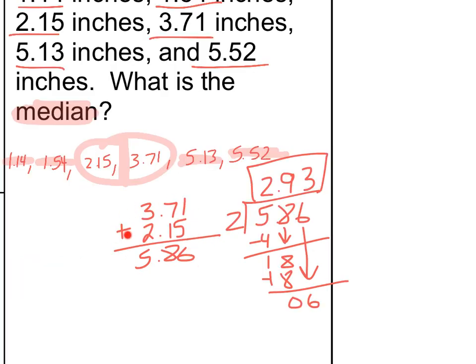So here I added them together, and I got 5 and 86 hundredths, or 5.86. And then I'm just going to take the 5.86, which is the combined sum of these 2, and divide it by 2 to find right in the center, which would be this line right here. And when you do that, you end up with 2 and 93 hundredths, or 2.93, and that would be your median.